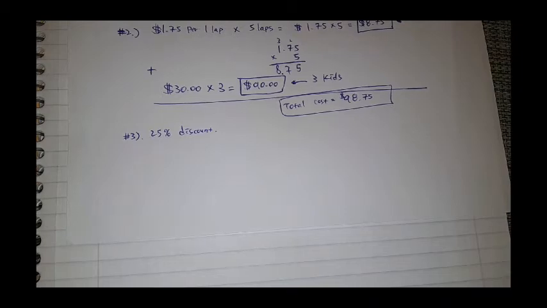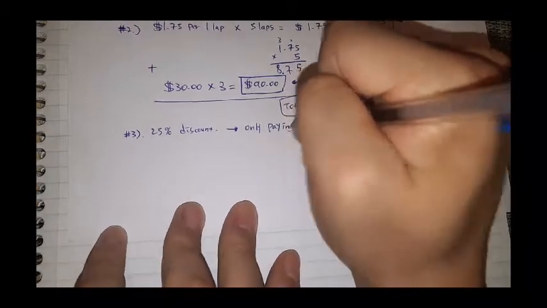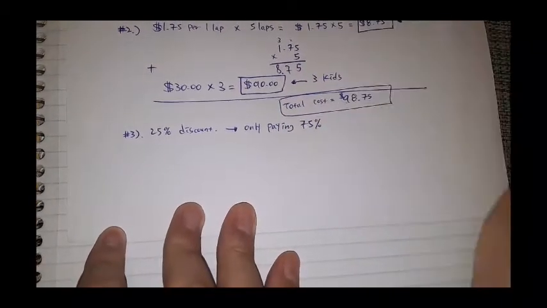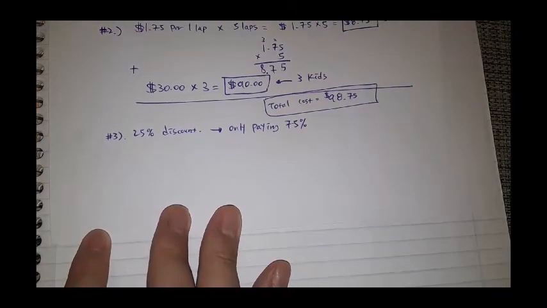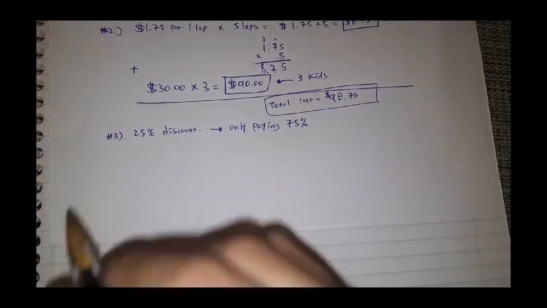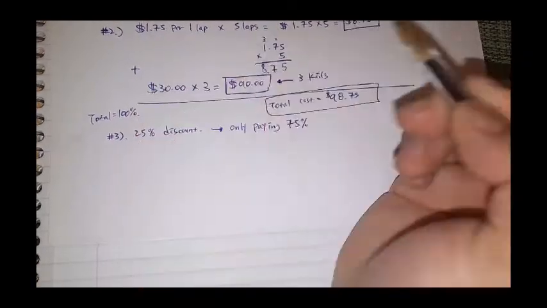If you think about a 25% discount, that means I am only paying 75% of the overall cost. If you doubt how that comes about, think about it this way. The total cost is 100%.